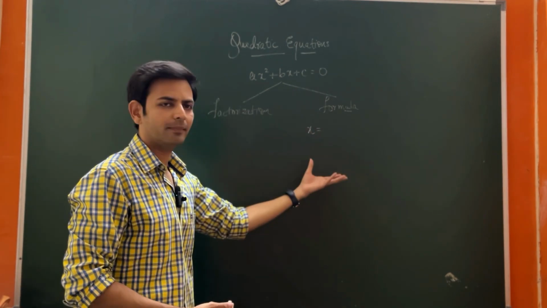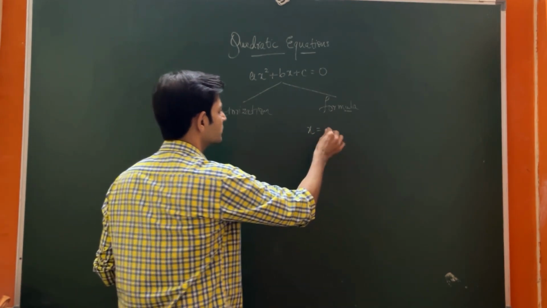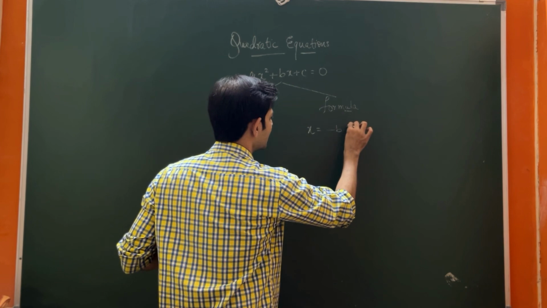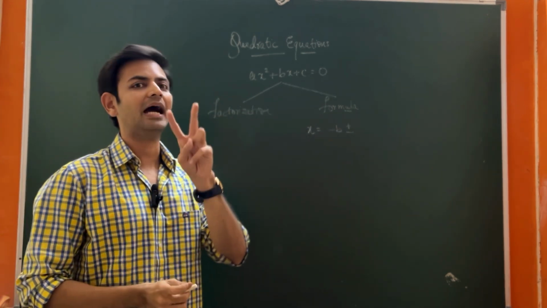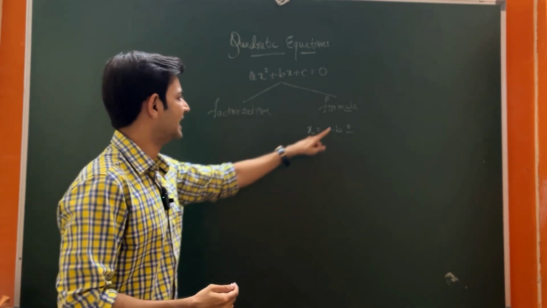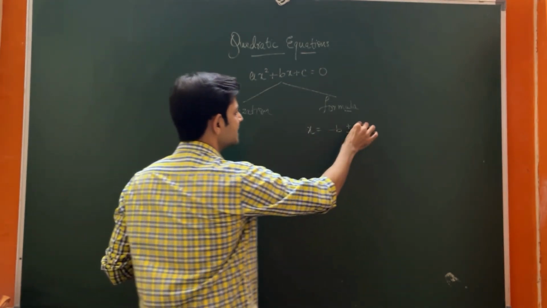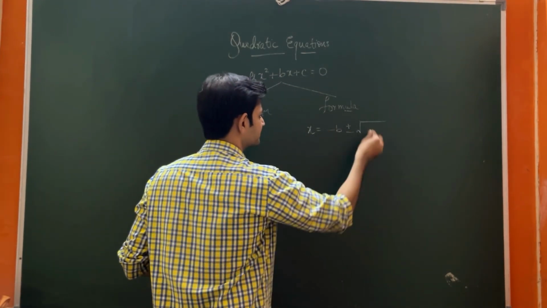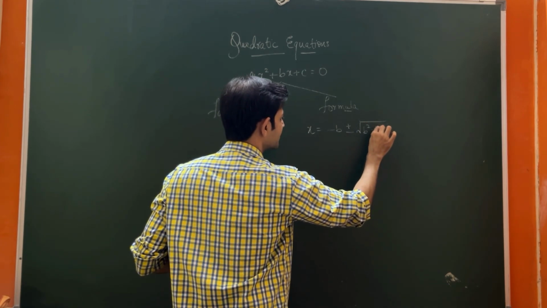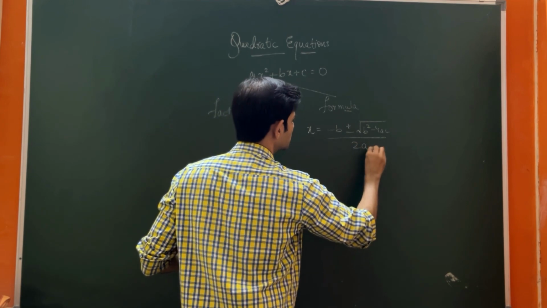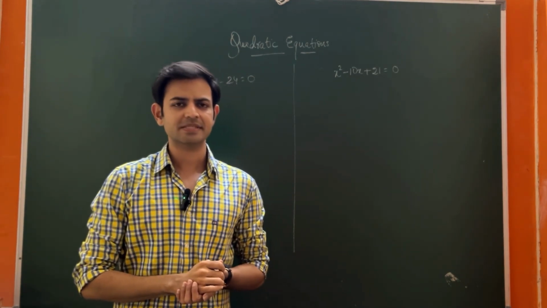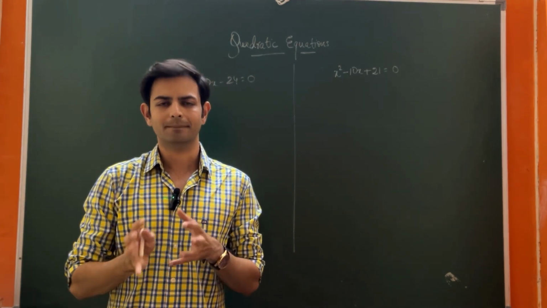When we use the formula method, x is equal to minus b plus or minus, because it is quadratic, it will have two values of x, that is why we have plus or minus, square root of b² minus 4ac, upon 2a. Let us take two questions and understand these methods.